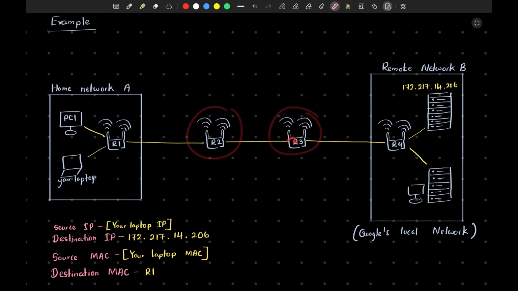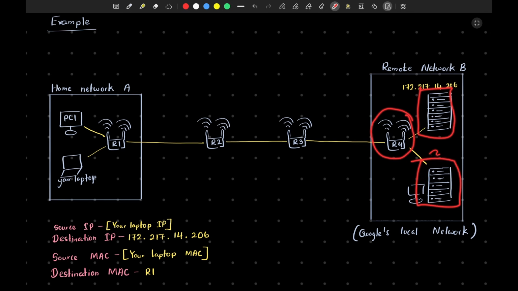I have drawn two routers in the global network, and then to the remote network we have to send some data. These two servers join through this router 4 to the internet.